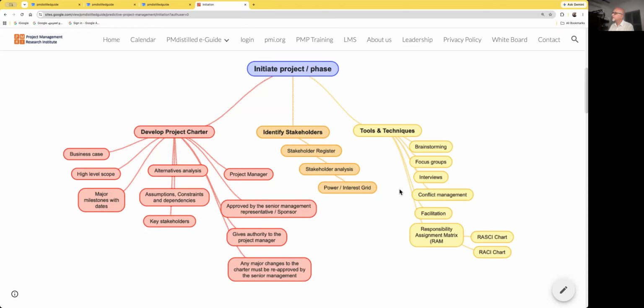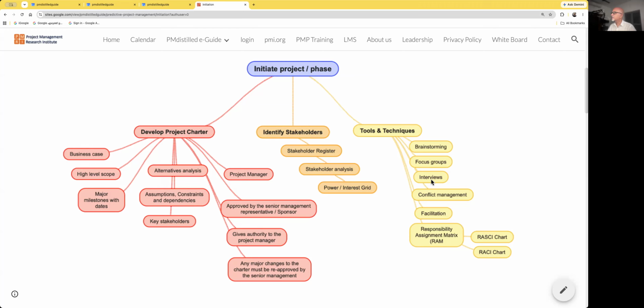Let us take a look at the major tools and techniques one uses for developing the project charter. Brainstorming is used whenever you need to generate ideas. Then focus group is equivalent to a task force.